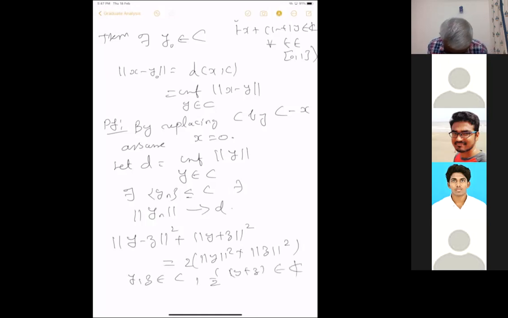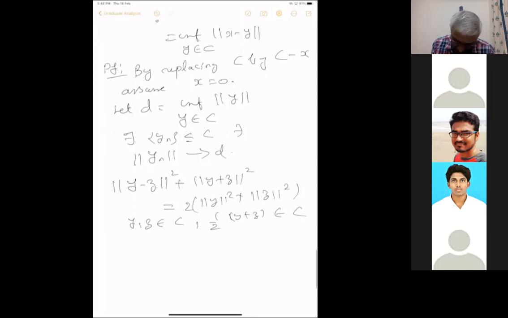Then half times Y plus Z is also in C because it's convex. So this implies the norm of Y plus Z square, which is in C, so the norm of this should be greater than that D, okay? Greater than or equal to 4 times D square, right?